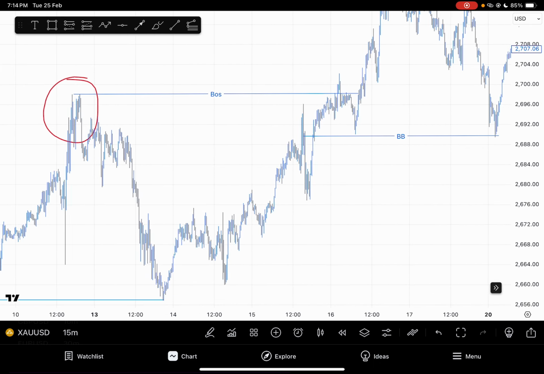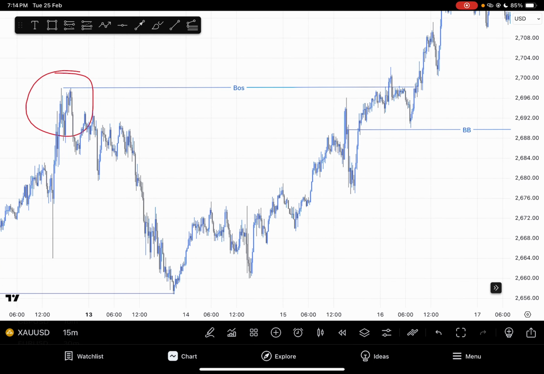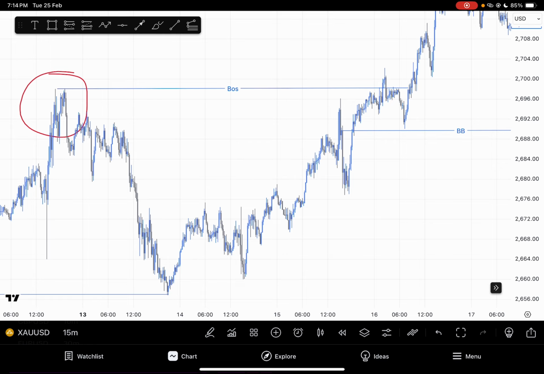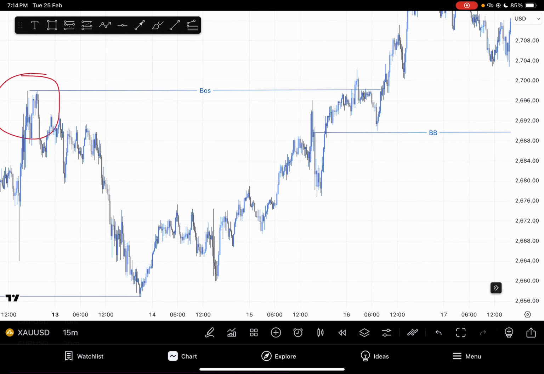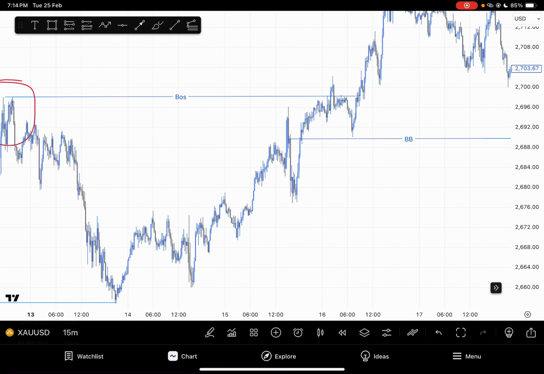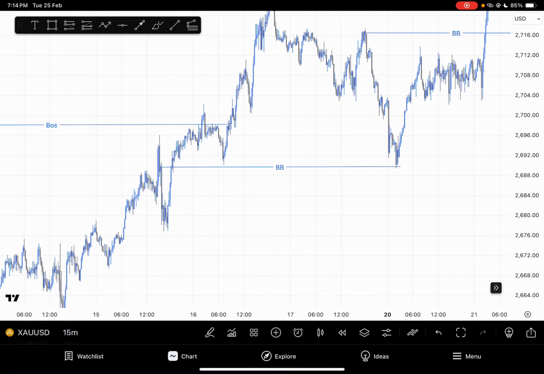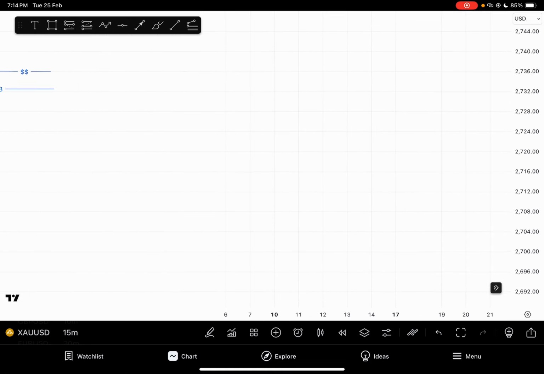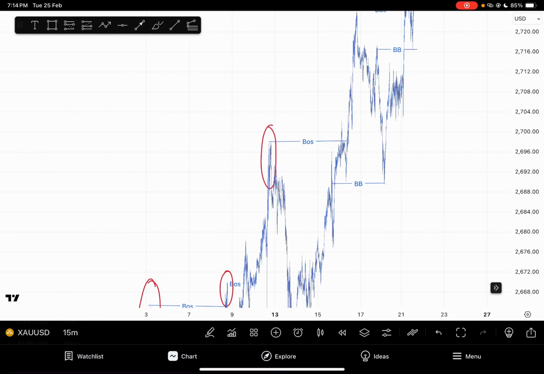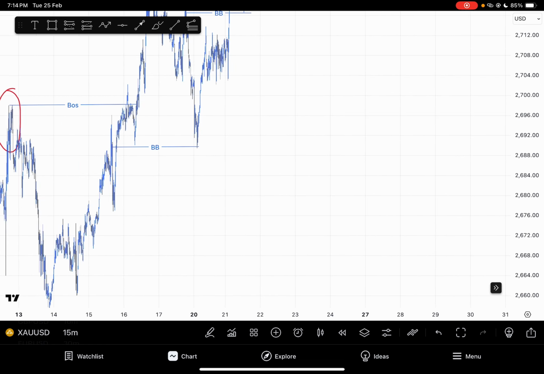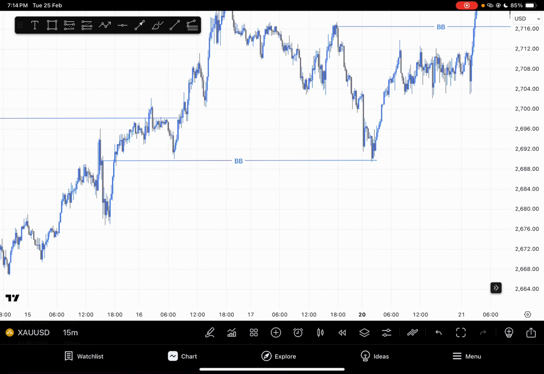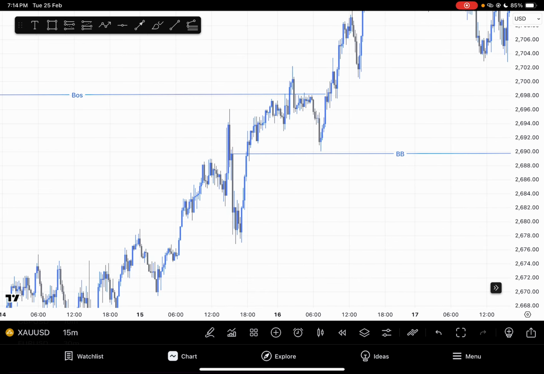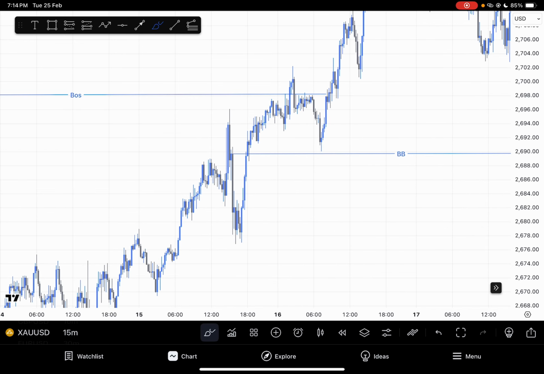So from this, what next? After the break of structure, you should look for another order block or a breaker block after the break of structure. So now if you should trace that back to this other side here, you see there's a valid order block here which got violated.